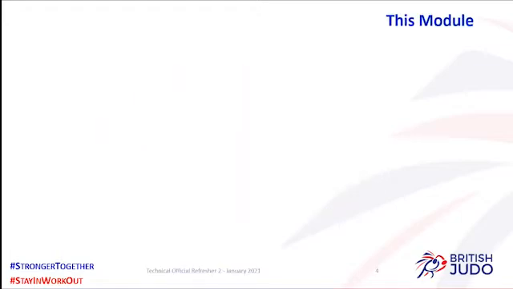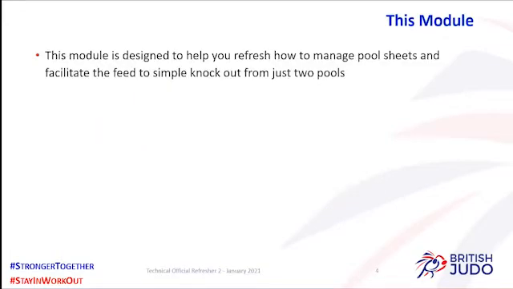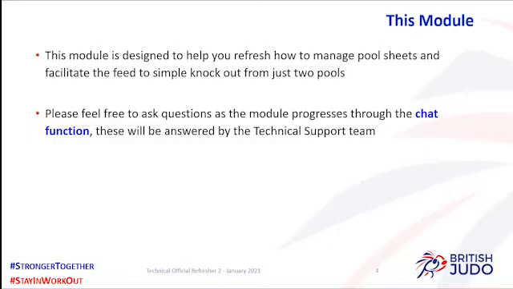So no audio. So this module is designed to help you refresh and manage pool sheets. Basically, what we want to do is go through the basics of the way we order the entries into the pool sheets, and the way we get to, in the case of the simple knockout from a pool sheet, how we get to the knockout and where we place people.